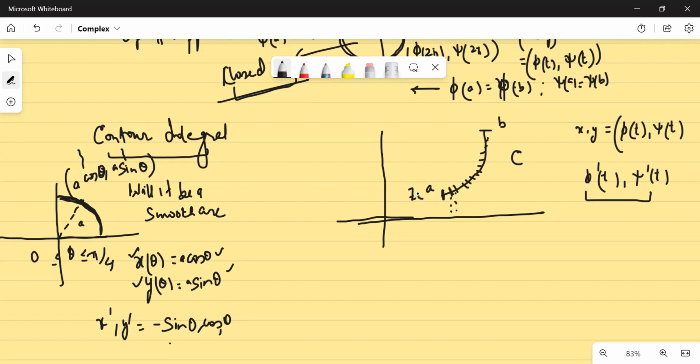Let's say this is your z0, and let us say this is your zn, मतलब final destination, and then you have some points, intermediate points. So I have divided this entire smooth curve into certain points.